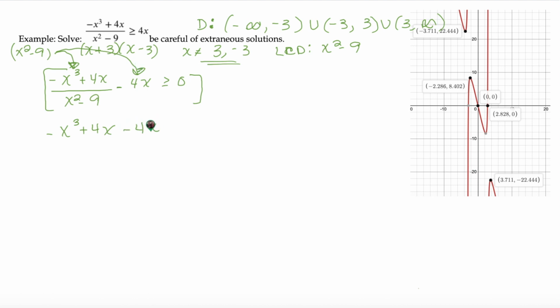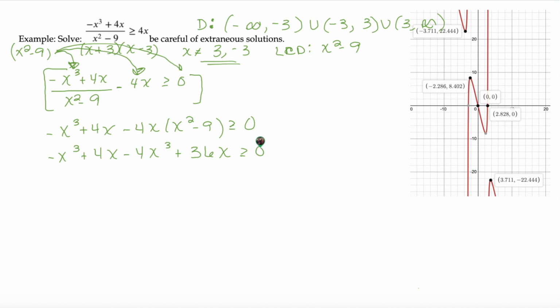So I'll have negative 4x times x squared minus 9 is greater than or equal to 0, since anything times 0 is 0. We now are able to distribute: negative x cubed plus 4x minus 4x cubed plus 36x.